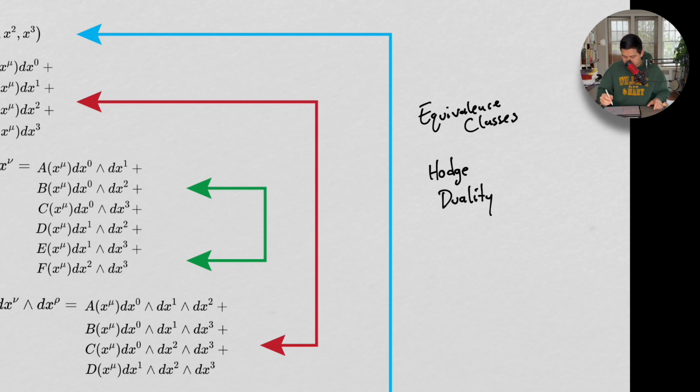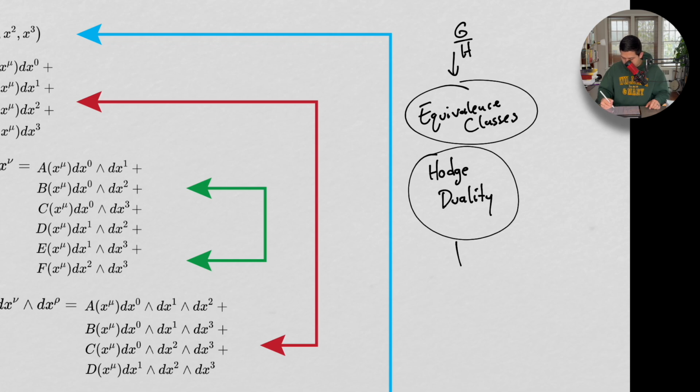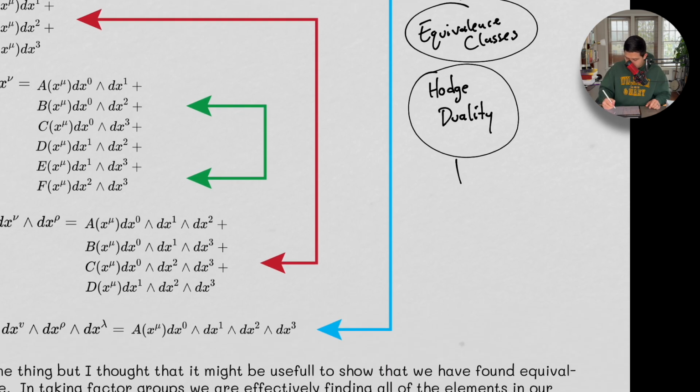They are different in that equivalence classes are brought about through G mod H, whereas Hodge duality is brought about through the dimensionality of spaces.